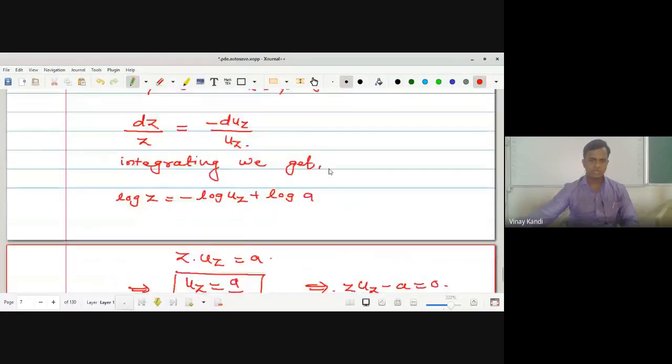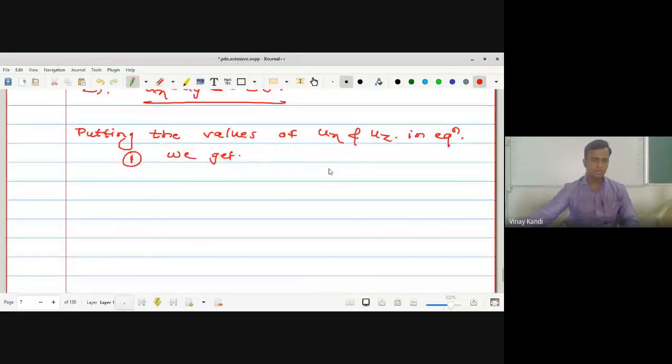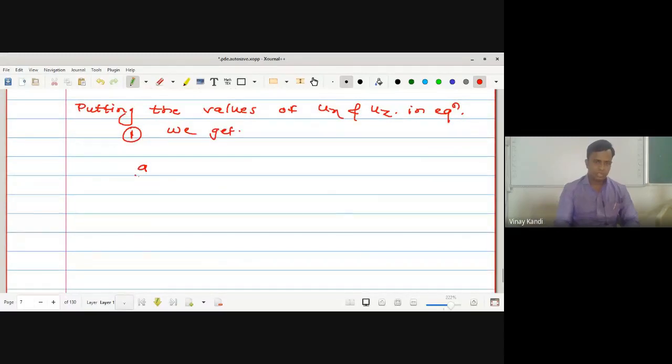So here we get z into uz, it means what? A upon z, this is the value of uz, into z, plus uy as it is. Now ux is what? b plus uy. So b plus uy plus x plus y is equal to 0.